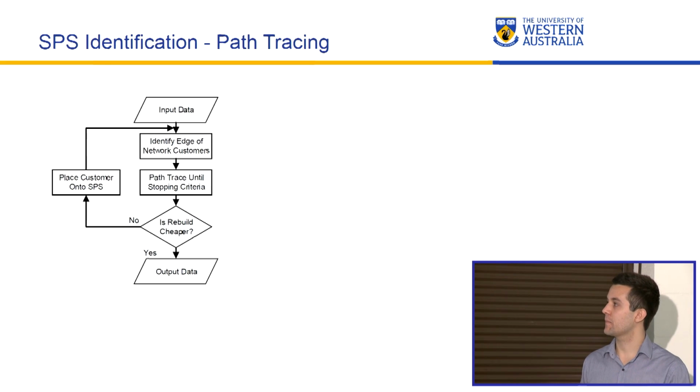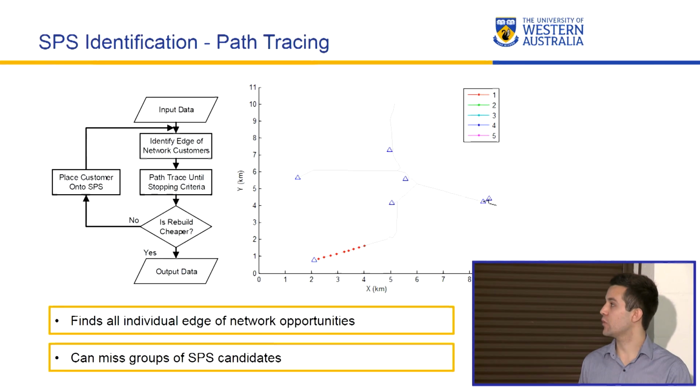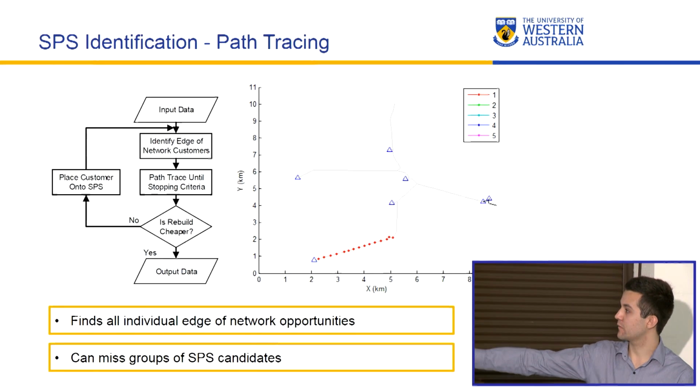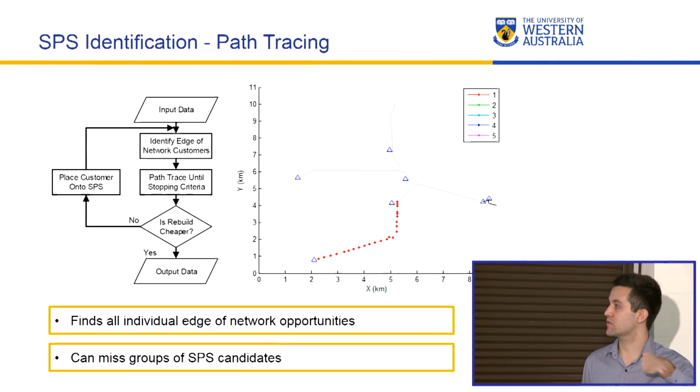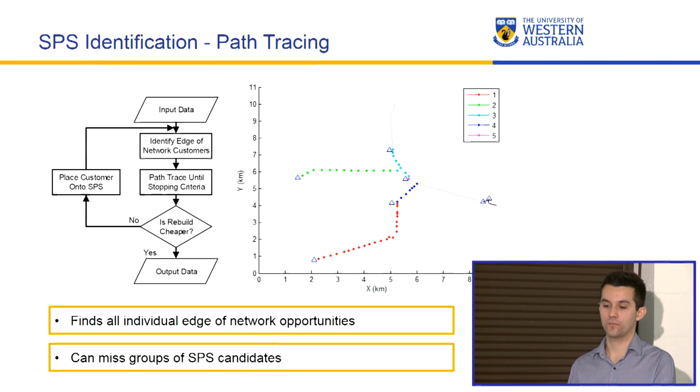We identify the edge of network customers, as indicated here, and we trace upstream until we reach another intersection or another transformer. Now, for each of these sections that we are tracing upstream, we're considering, is this section of the network cheaper than rebuilding the network? So can we remove the network and replace it with a standalone power system, or do we need to just leave it as it is?